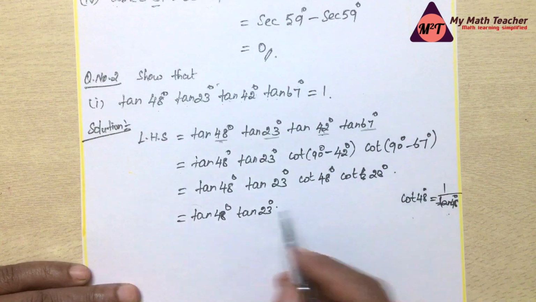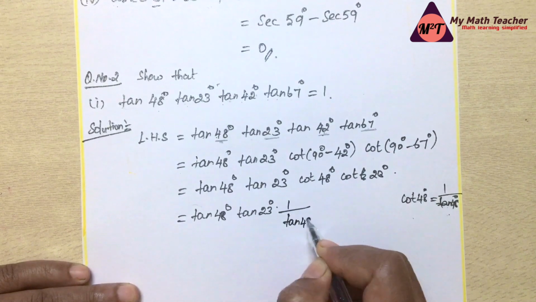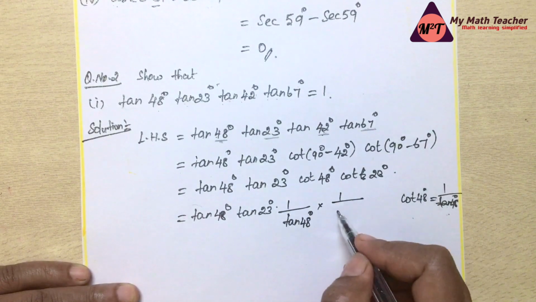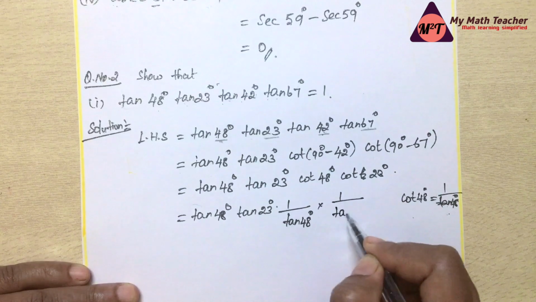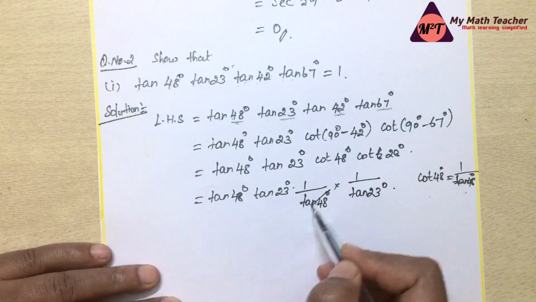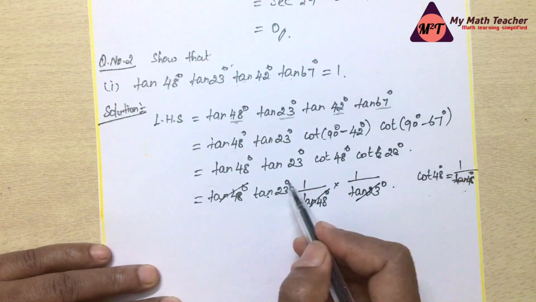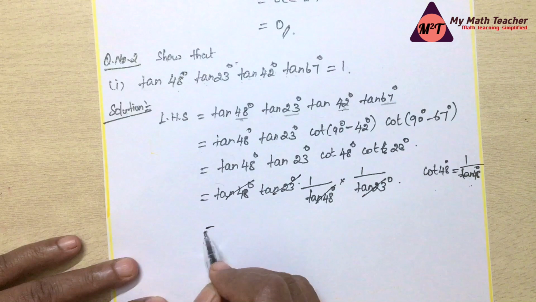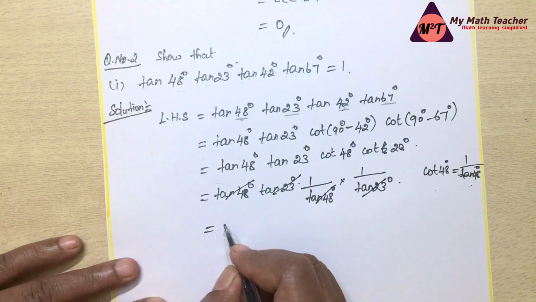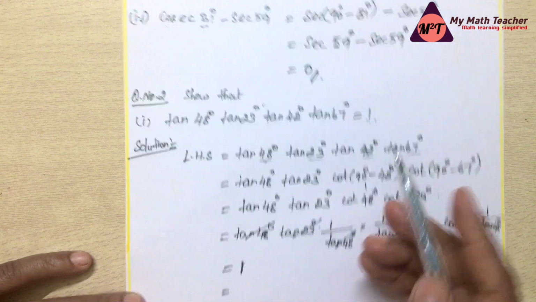So here cot 48 can be written as 1 by tan 48. Cot 23 can be written as 1 by tan 23 degrees. Now you can divide, it becomes 1. Tan 23 and tan 23 becomes 1. So finally we have only 1 as the answer, which is equal to the right hand side.